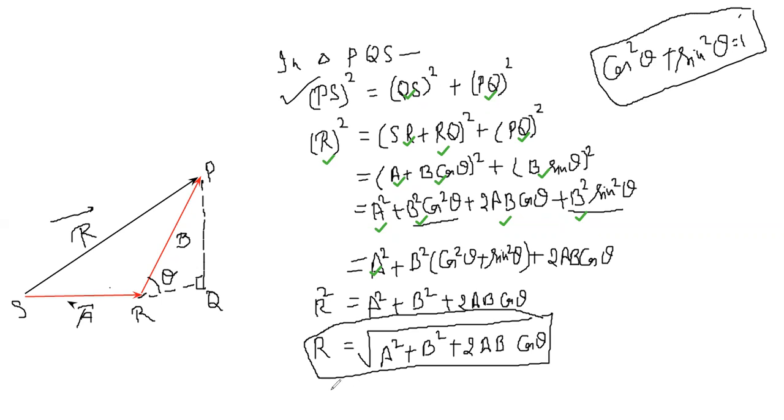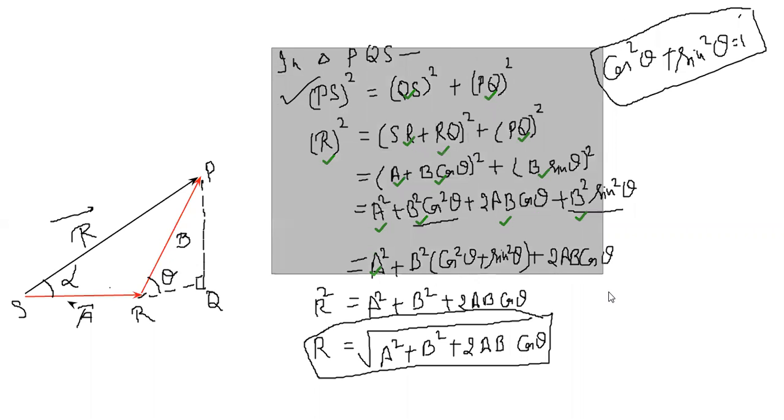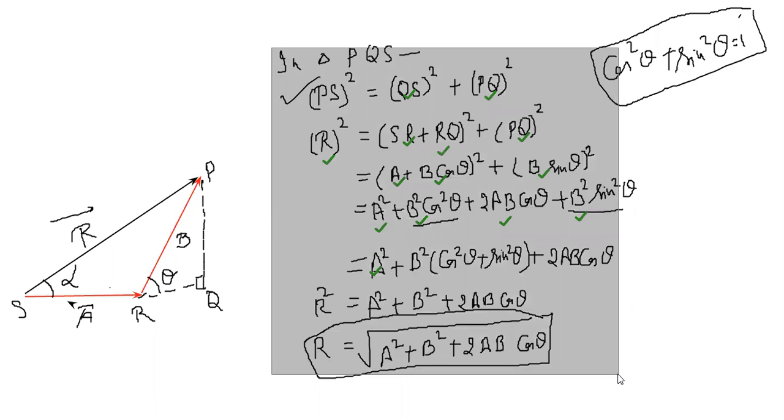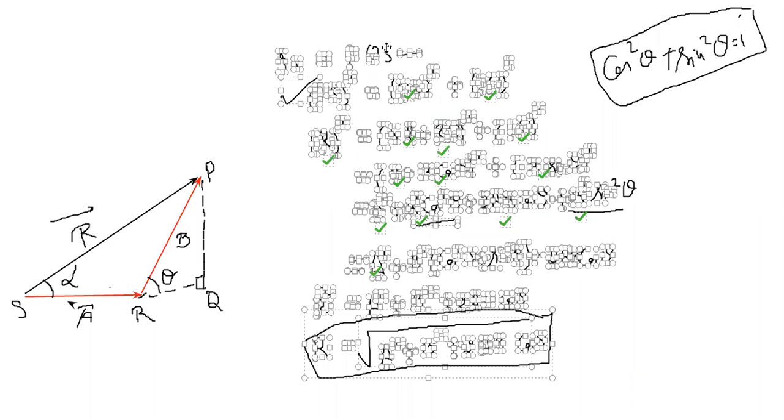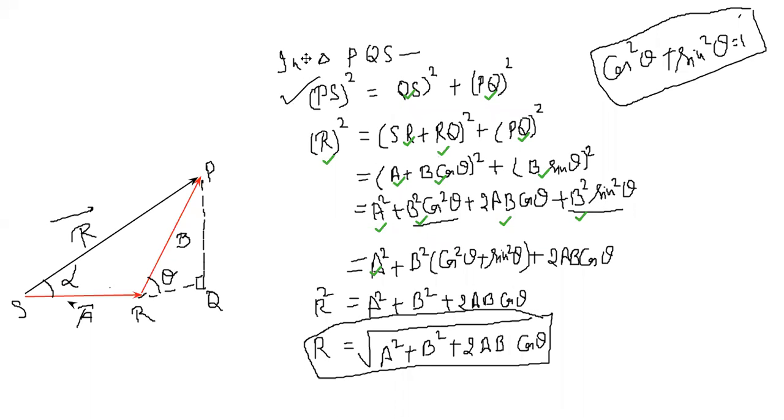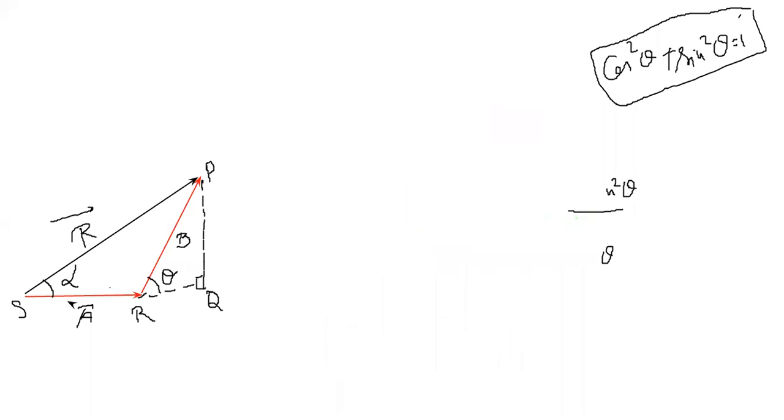Now if we want to calculate the resultant angle, this is the angle alpha. If we want to calculate the value of alpha, we talk about tan alpha.